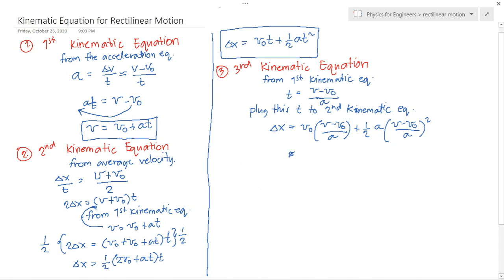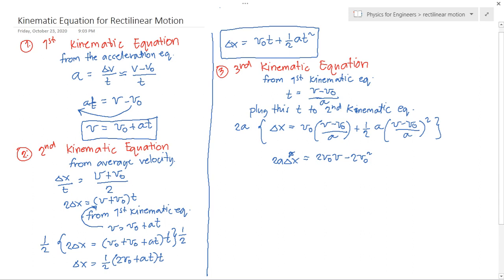In order to simplify those things, let's just multiply ahead. So just multiply ahead by a, para makancel tong a dito, and then para makancel yung 2 dito, I will also multiply 2. So let's multiply both sides by 2a. So distribute. So we have 2a delta x, which is equals to, makakancel na yung a, so we now have 2v naught v minus 2v naught squared.